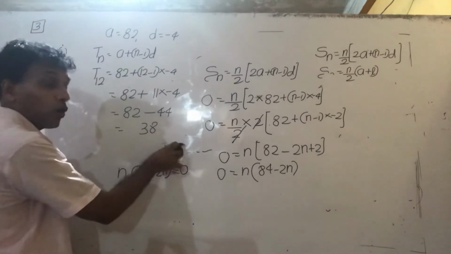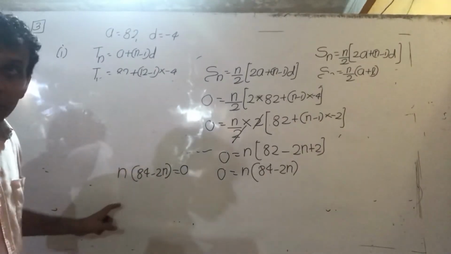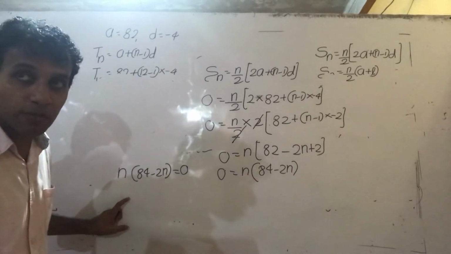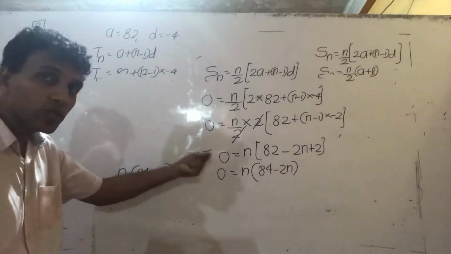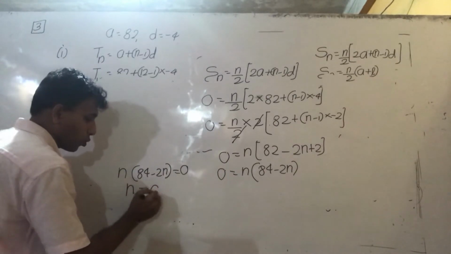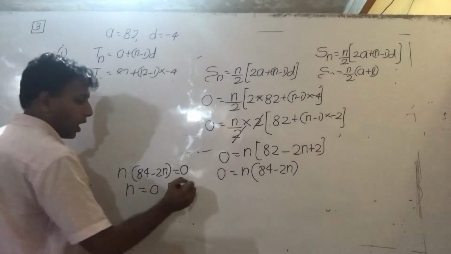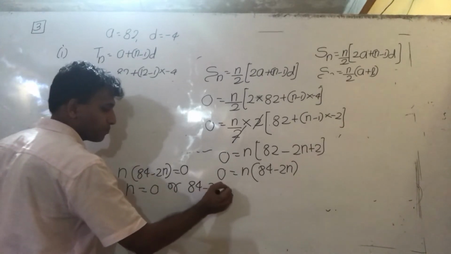If not so, you have to factorize that, right? Then write the answer. Those who learned quadratic equations in grade 10 or in my video series: this and this equal to 0, then what? n equals 0 or the other bracket equals 0.